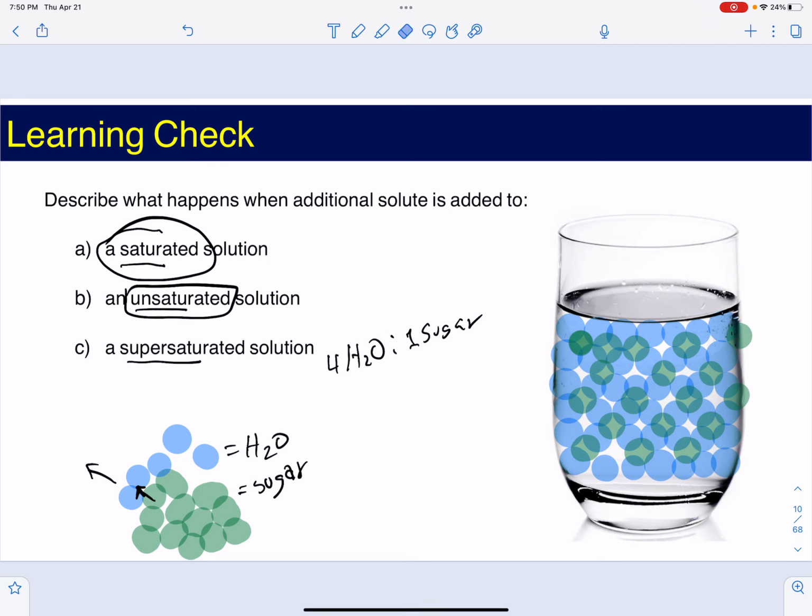An unsaturated solution would be one that still has water available. So if I put more sugar in there, water will dissolve it because they're still free. They are not busy yet. So the unsaturated, you still have water available, or the solvent, to encase the ions or whatever you bring in. The saturated, every single molecule of the solvent is busy.